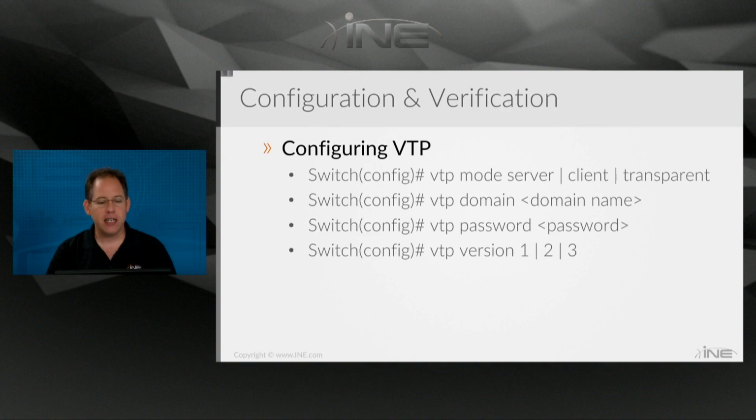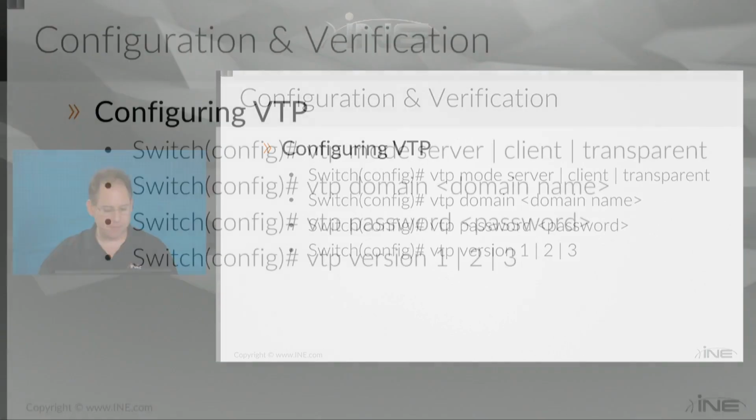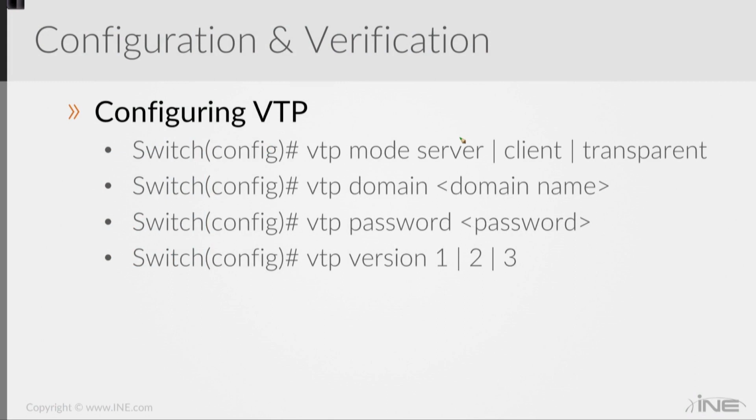Okay, so here are the configuration commands. Step number one would be VTP mode server, that's the default. So if you want to be server, you don't have to type that. But if you want to be client or transparent, then you do have to type VTP mode. Step number two, type your VTP domain name.